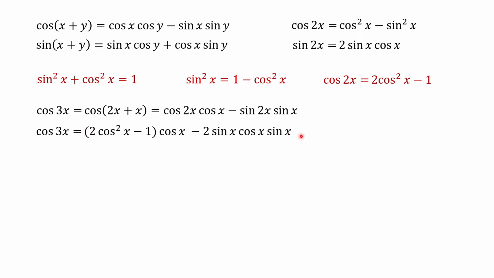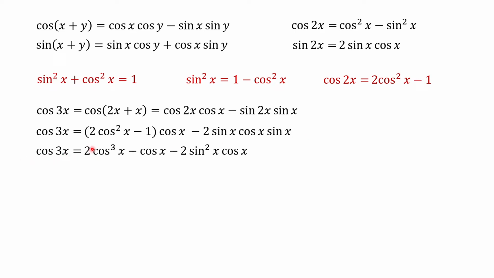And this is what we're going to have. Now, let's notice that we can open this parenthesis. We get 2 cosine squared x times cosine x, it's cosine cubed x, minus 1 times cosine x, which is cosine x. And over here we see 2 sine x, cosine x, sine x, so sine x comes twice, so it makes it sine squared x. And this is what we're going to get.